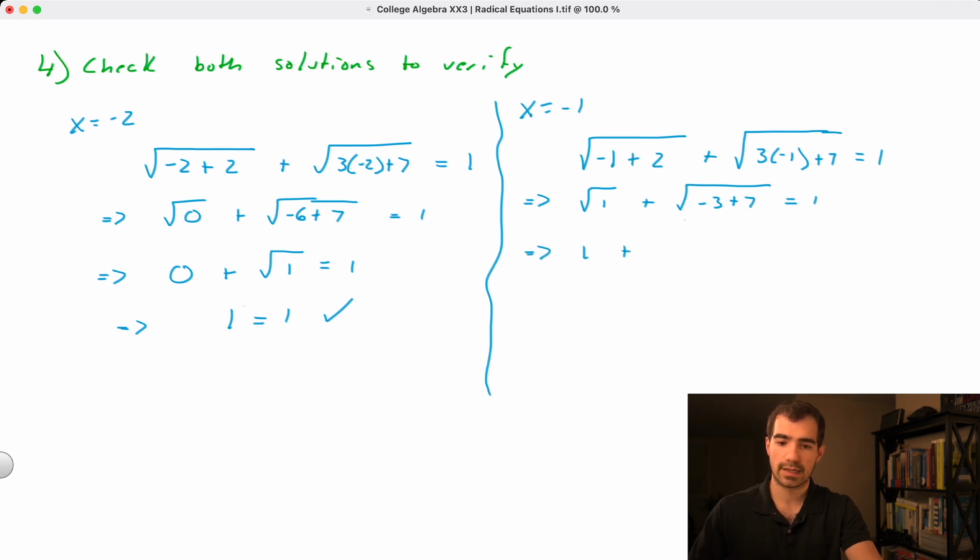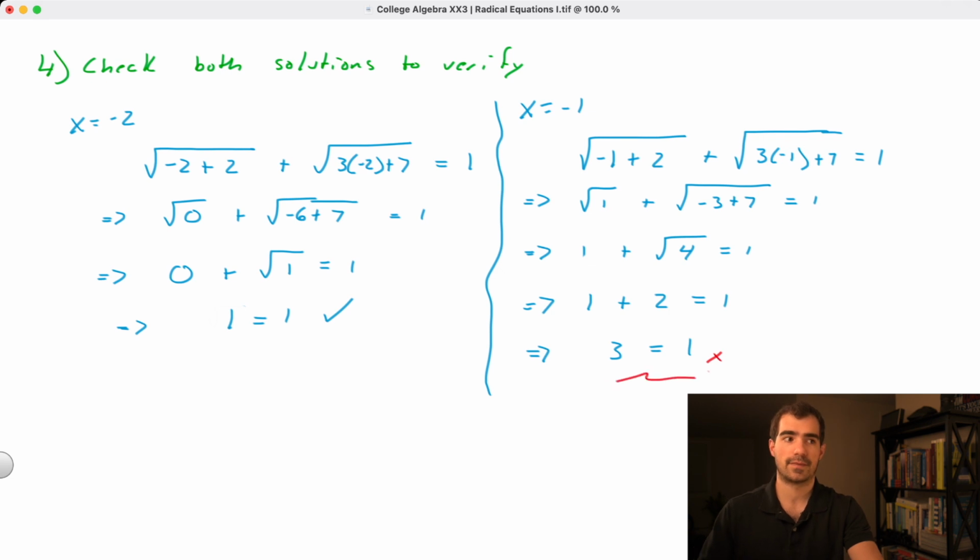The square root of -3 plus 7 would be the square root of 4, and the square root of 4 is 2. So here we have 1 plus 2, or 3, is equal to 1. Right, and we know of course this is not true because 3 does not equal 1. And so this confirms to us here that x is equal to -1 is an extra solution. It doesn't actually satisfy our original equation.